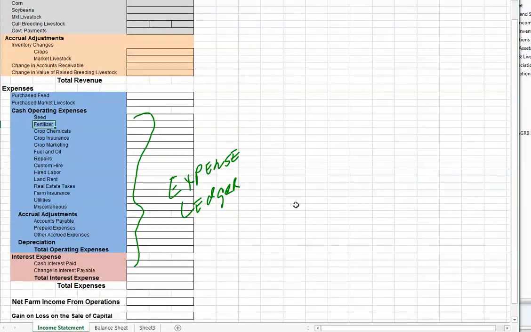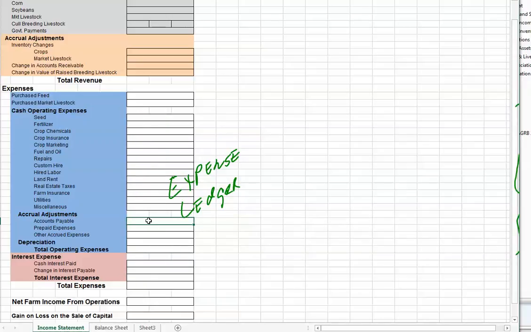Okay, let's get down here to the accrual adjustments. Where do these numbers come from? The accrual adjustments, which would be these cells, where I actually carried that bracket down a little too far, are where you would pull information from those different accounts.